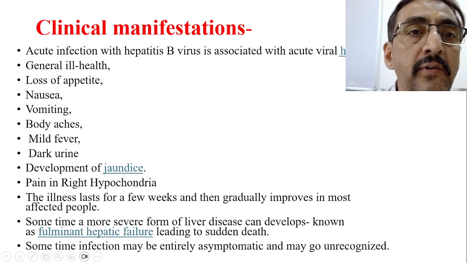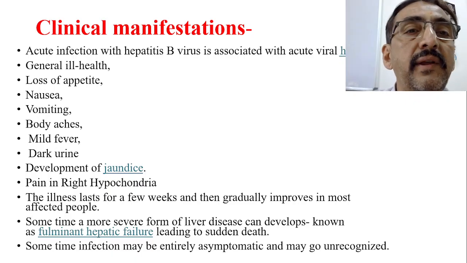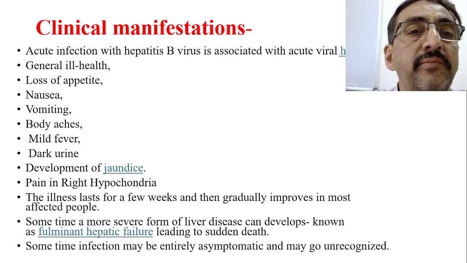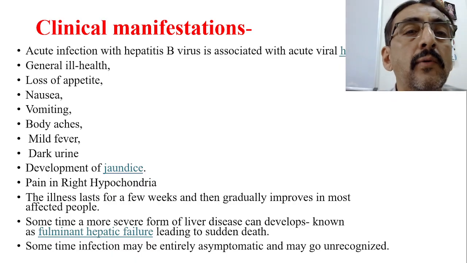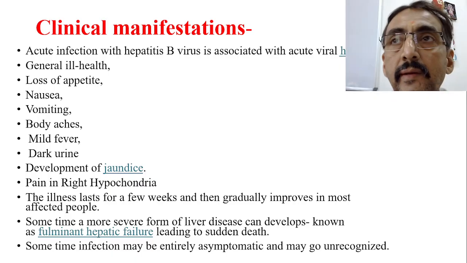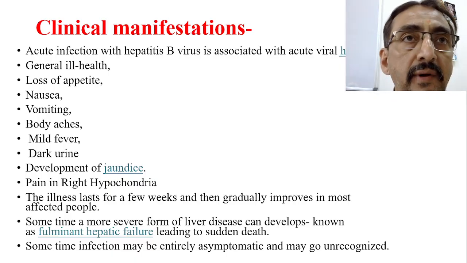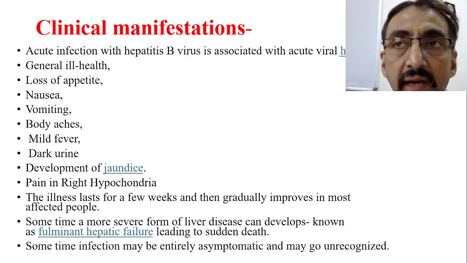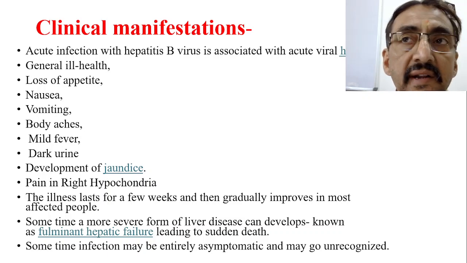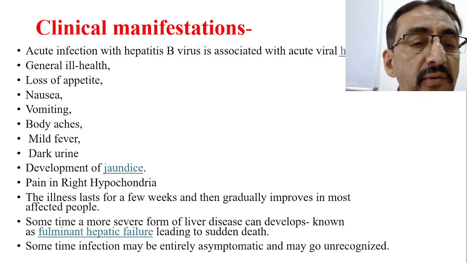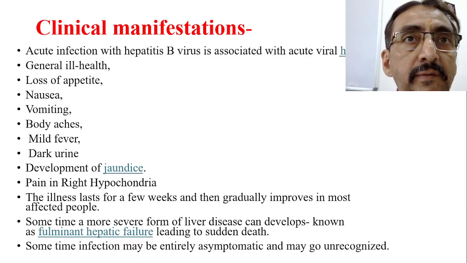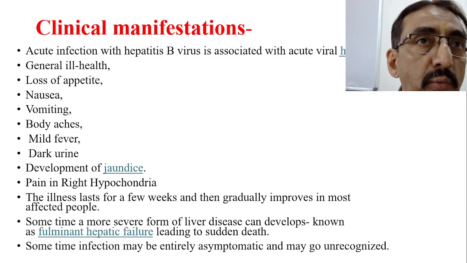So we have been continuing with the hepatitis B virus, hepatitis B. Now, clinical manifestations. Hepatitis B virus is a very dangerous virus, and how the mechanism takes place, how it gets internalized, and how it uses the hepatocyte cell machinery for its convenience to produce more and more virus.